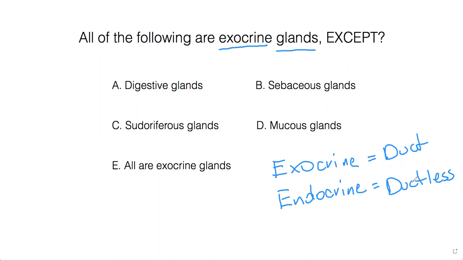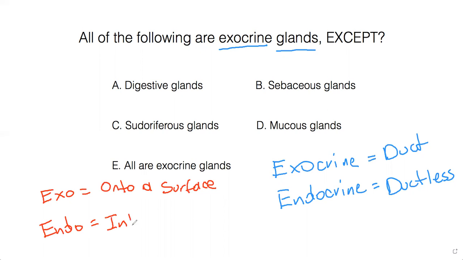So the more important information that you should actually be memorizing so you can approach something like this is that an exocrine gland is going to be secreting its products or substances onto a surface. That is the key thing there, where your endocrine glands are going to be secreting their products into the bloodstream, right?